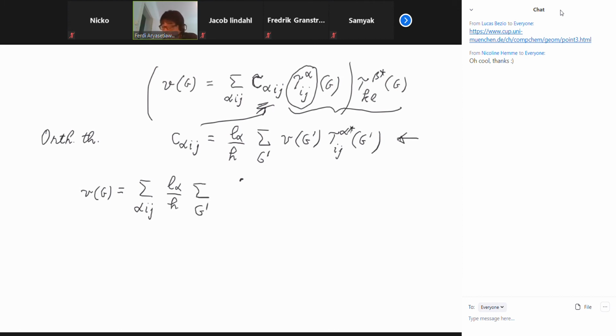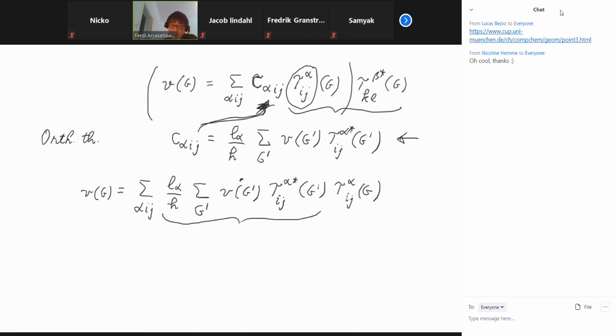Then I have the alpha star ij g prime, ij, g. So I'm substituting this coefficient in here. This whole thing here is my C alpha ij.